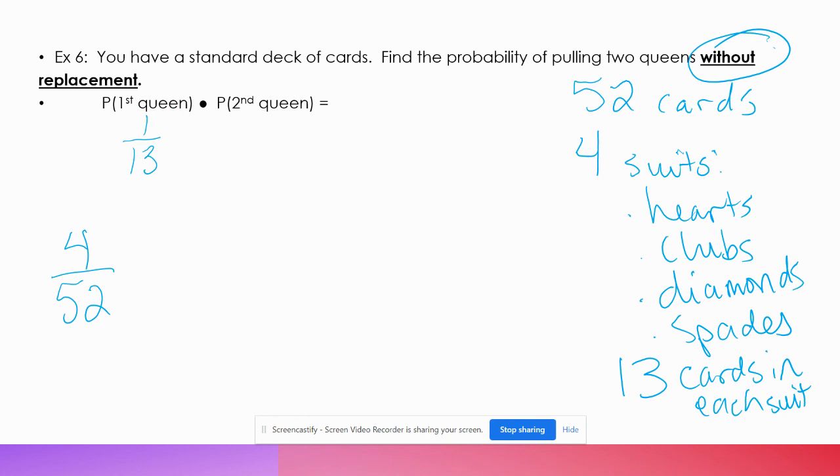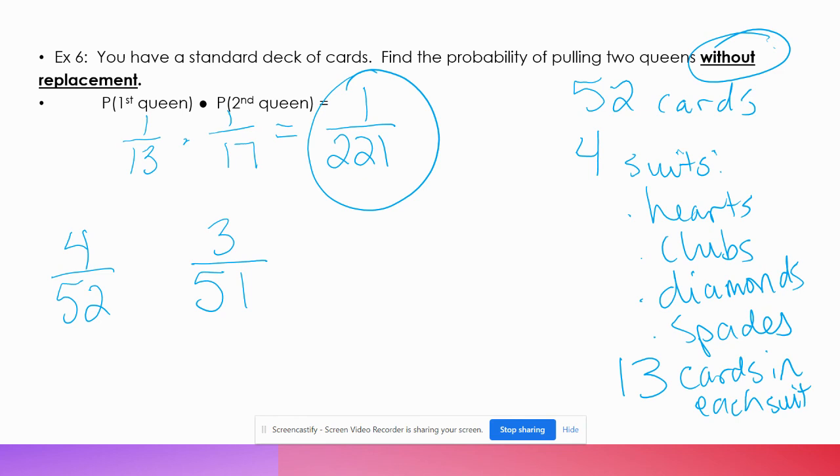Now, if we pick a queen and we keep it, then that means there are only 3 queens left, and there are only 51 total cards now in my deck. That reduces to 1/17. 1 times 1 is 1. 13 times 17 is 221. So that probability is 1 out of 221.